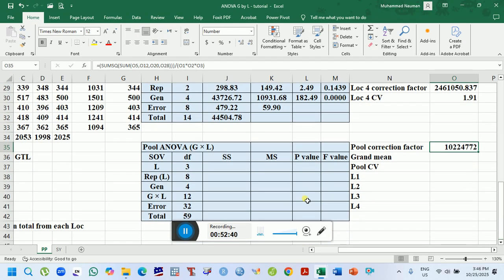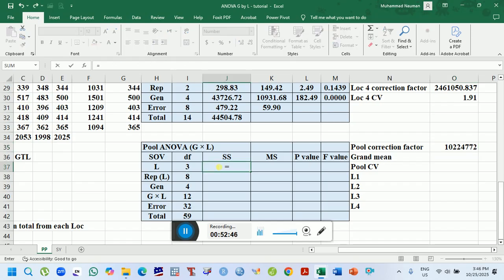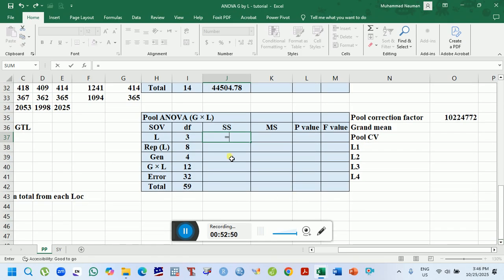And now we will calculate the location sum of square, which is equal to: now we will type the sum of square, SUMSQ.